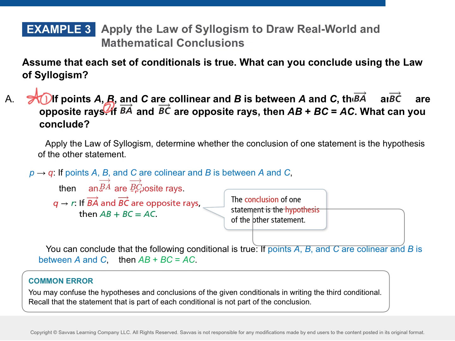So what do both of those sentences have in common? There's one statement that both of them have. The opposite ray statement, I agree. So I'm going to take it out. And then do we have a new if-then statement? Now, if points A, B, and C are collinear, then AB plus BC equals AC. Okay?